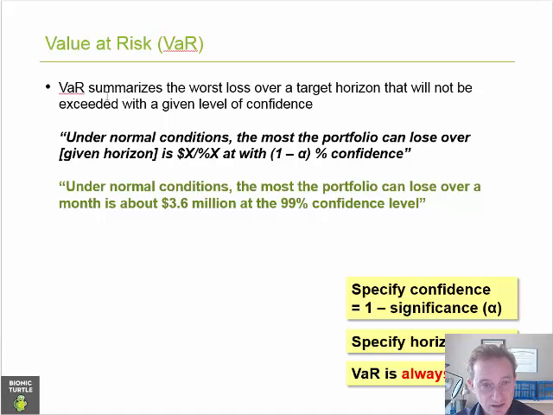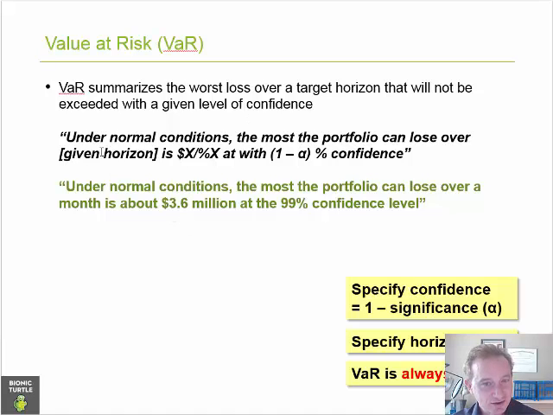One of the things we'll study is the shortcomings of VAR and how some of the authors, in particular Dowd, will propose more superior metrics to value at risk. However, from the perspective of the FRM, value at risk is without a doubt our starting point in terms of measurement.